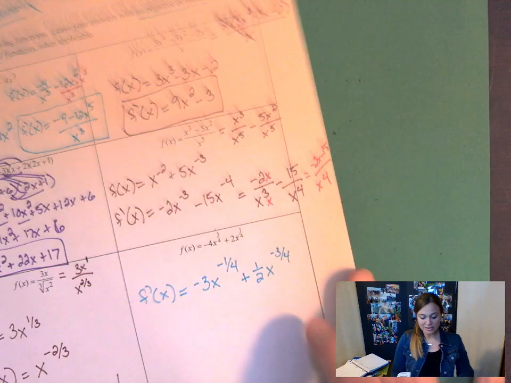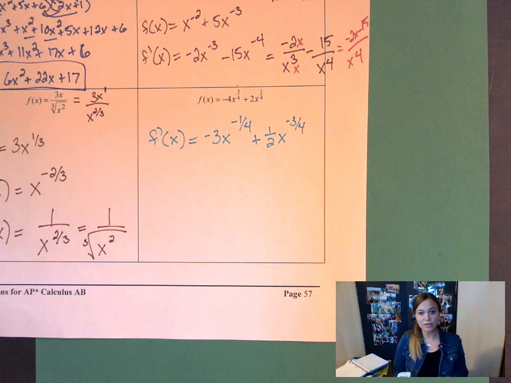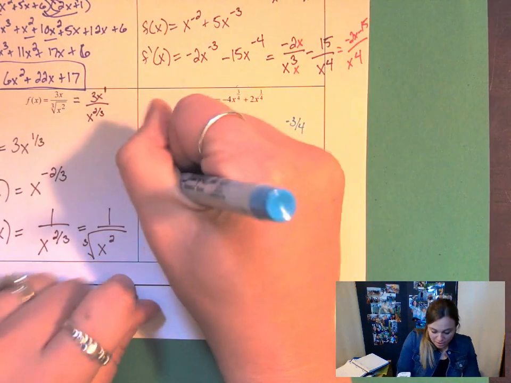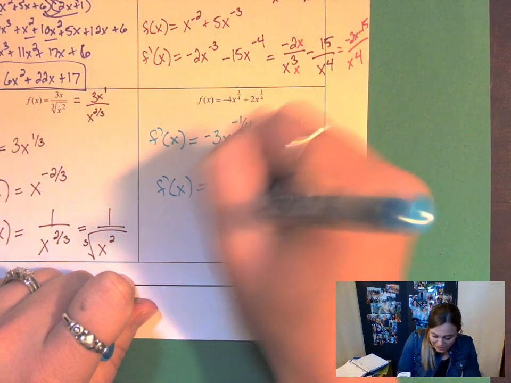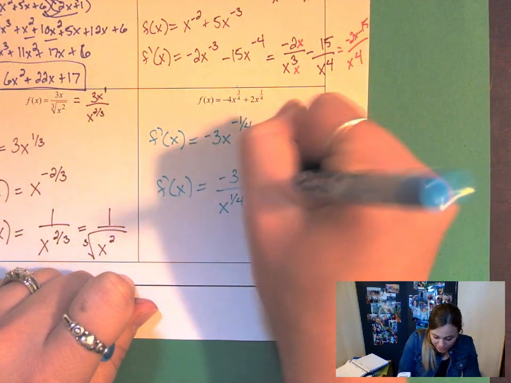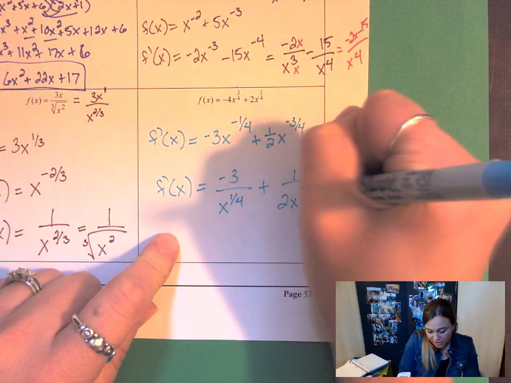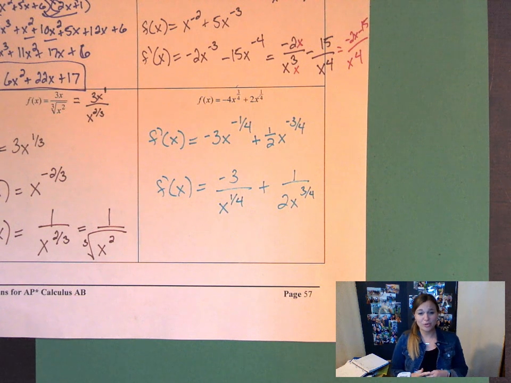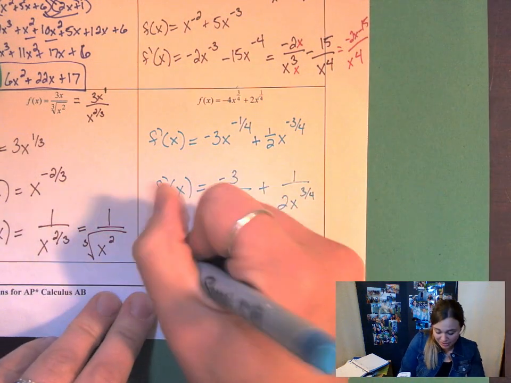Okay, last problem on this page. I already started it. We said f prime of x. The only thing that I'm going to do with this is rewrite it. f prime of x is equal to negative 3 over x to the 1/4 power plus 1 over 2x to the 3/4 power. This one's kind of weird, the way that you would put this together, because if you wanted a common denominator, I'm going to actually write it below because I think it's almost easier to keep it like this.